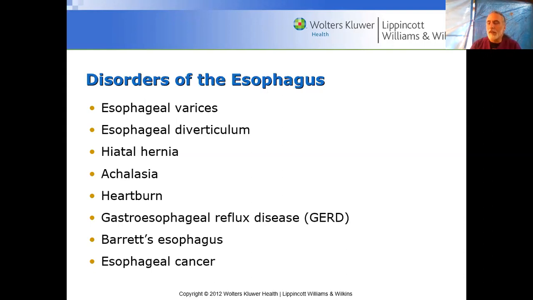Veins are not. So where am I going with this? We have all of these veins that are draining through the liver and into the hepatic portal vein and through the liver back into circulation.